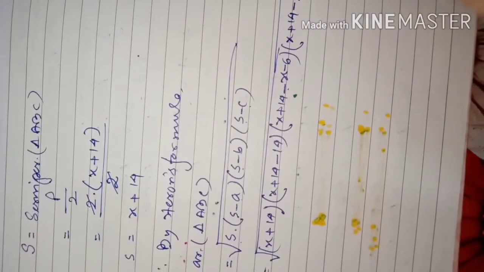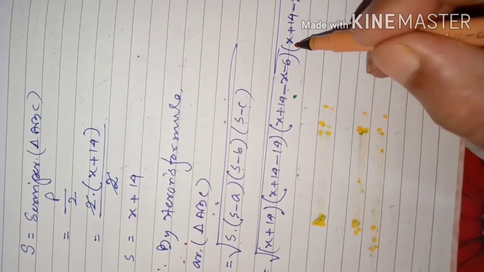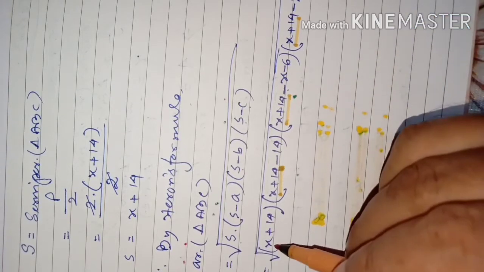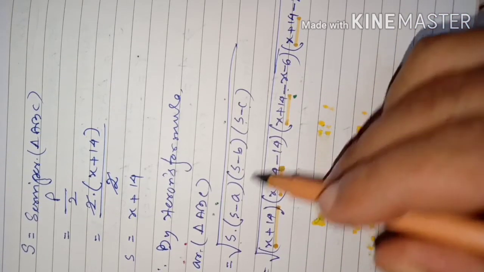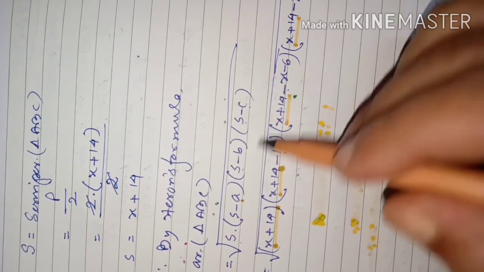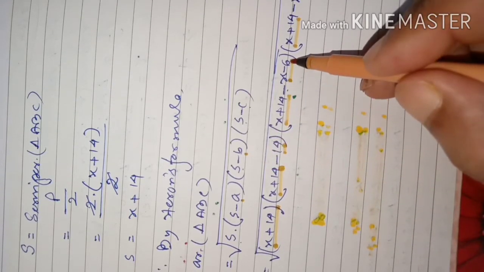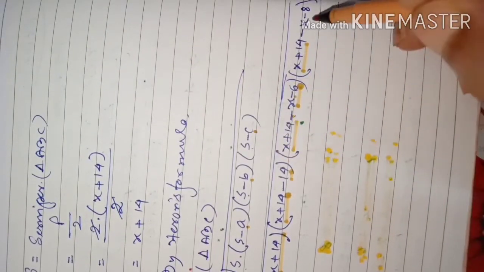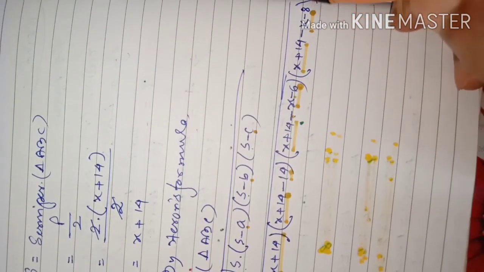You understand now? This is the value of S each time. Then A means 14, B means x plus 6, since minus is here, that's why minus 6. Then C means x plus 8, but it will be minus 8.